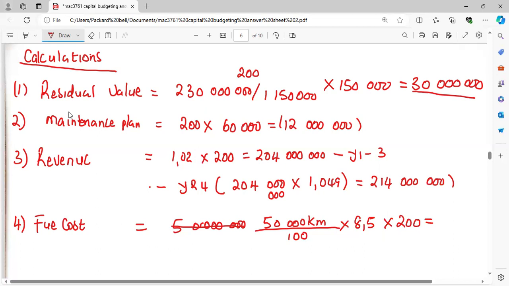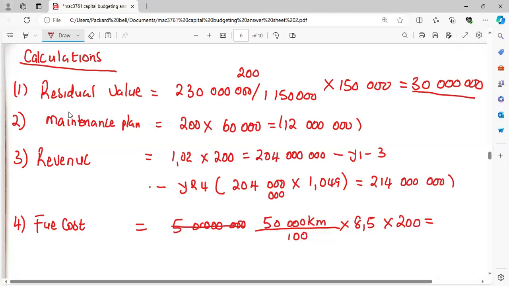Are we together on this calculation for fuel cost? Yes. Is there any other thing that we left?